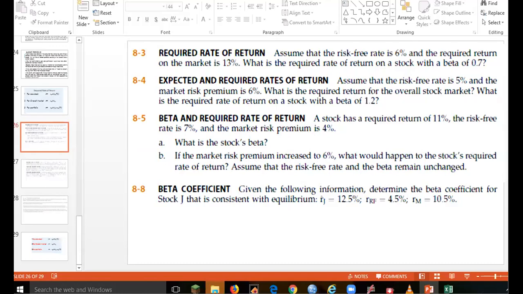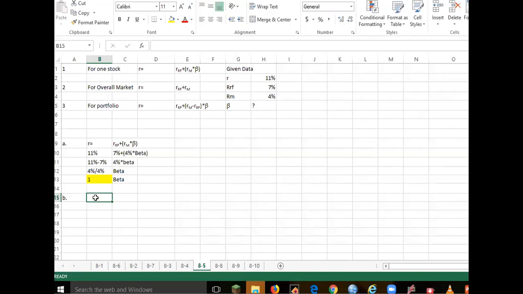So the new required rate of return is required. So in part B, R is equal to risk-free rate of return, which remains unchanged, 7%, plus market risk premium, changed from 4% to 6%, and beta remains the same as in the previous requirement, that is 1.